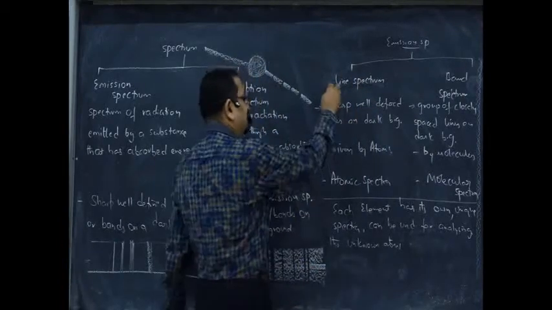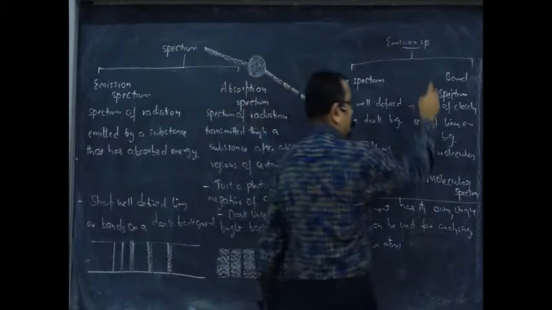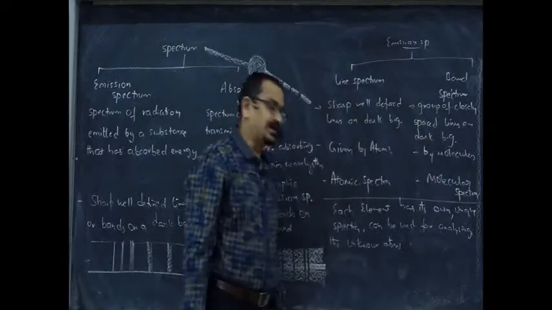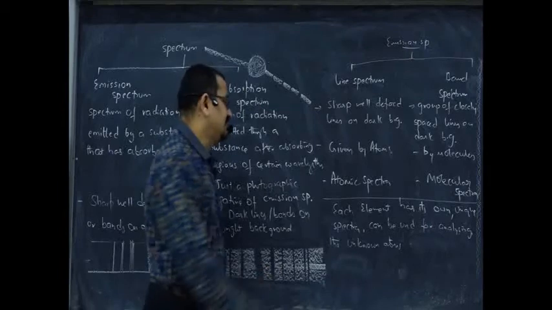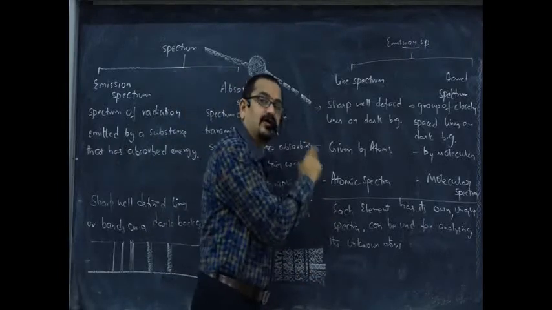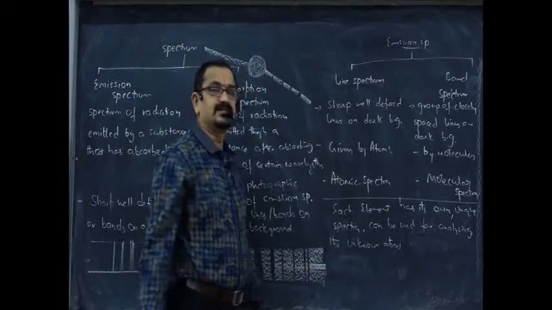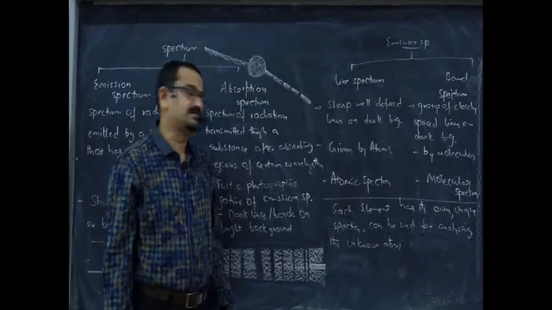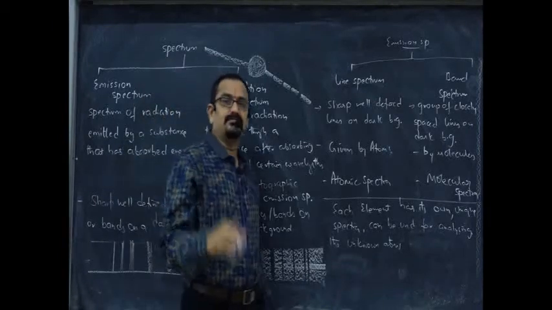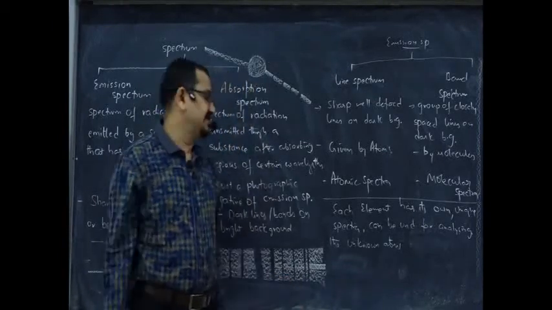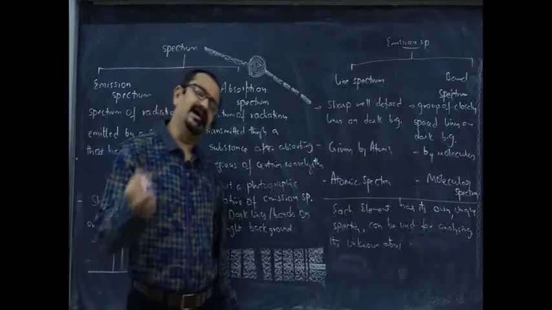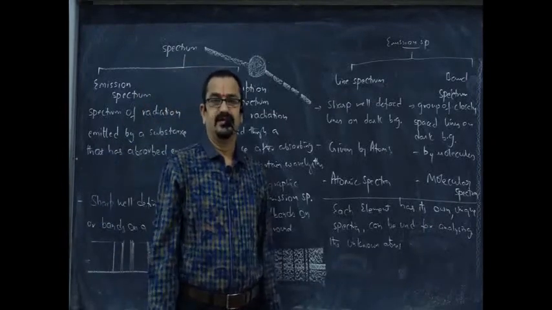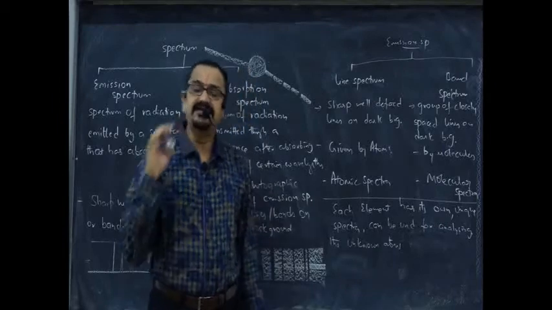Then line spectrum is given by atoms, whereas band spectrum is given by molecules, and that is why line spectrum is also called atomic spectra and band spectrum is also called molecular spectra. And here the important point to be noticed is each and every element has its own spectrum, which can be used for its identification.